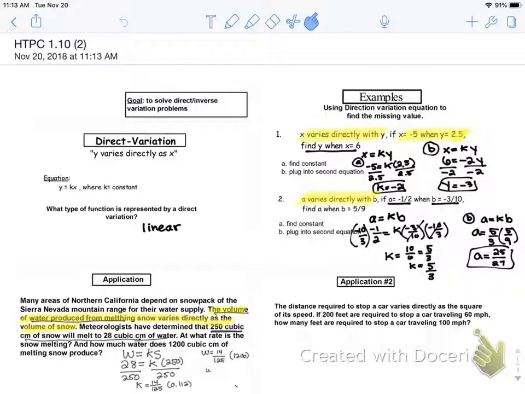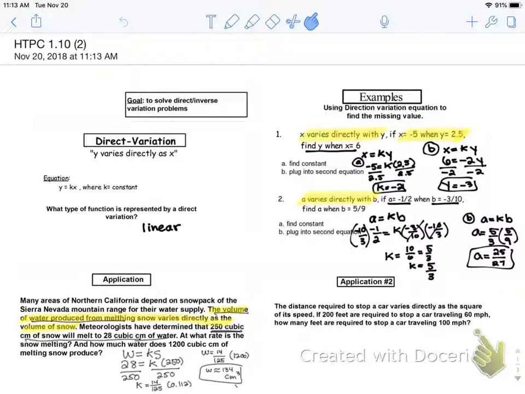All right, so if I multiply that, I will approximately get 134 centimeters cubed. Okay, let's look at the next one. So how much water does it produce? 137 centimeters cubed.